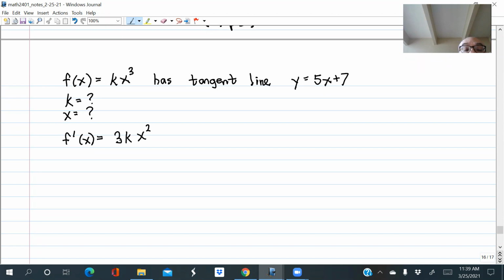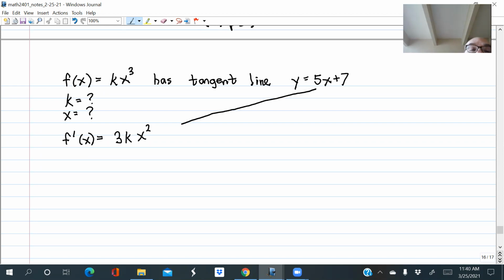Now, of course, the derivative is what gives you slopes of tangent lines. If you want to find the slope of a tangent line at a particular x value, you take that x value and plug it into the derivative. So here's the derivative for computing rates of change, but those also happen to be slopes of tangent lines. And the slope of this tangent line is 5.